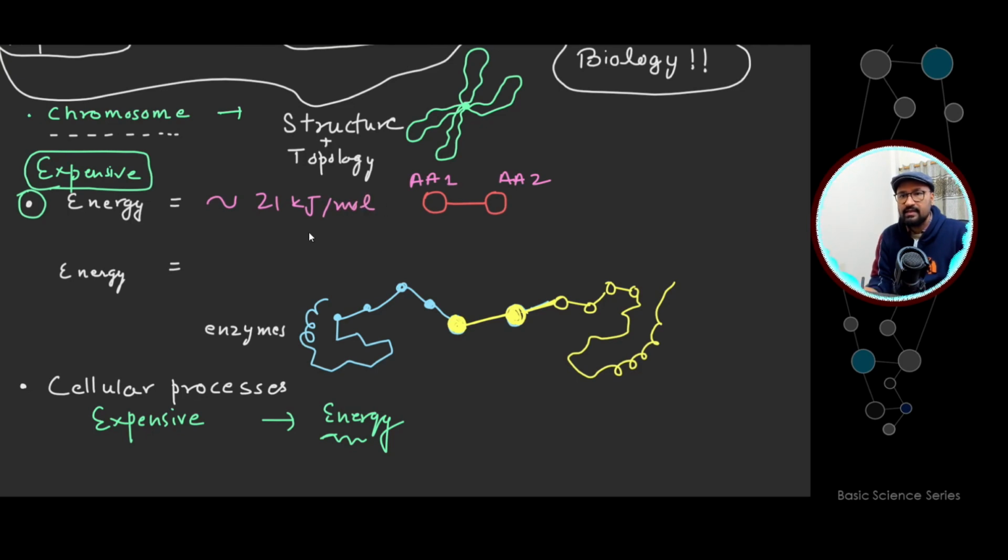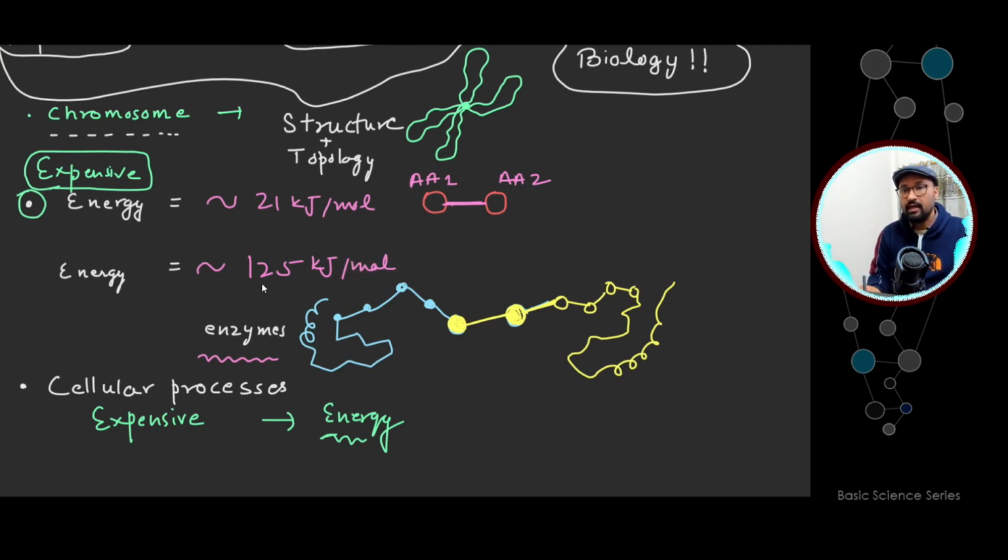So this is the energy requirement for forming a peptide bond between two specific amino acids. And when you are synthesizing the same bond in polypeptide molecules, a chain of amino acids, huge molecules all together, then you have 125 kilojoule per mole of energy requirement.